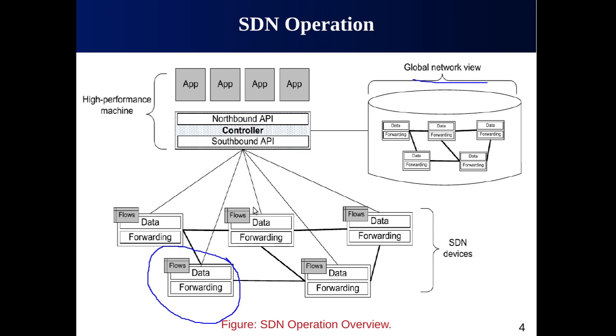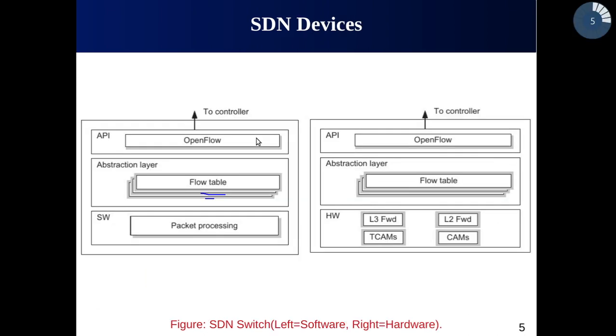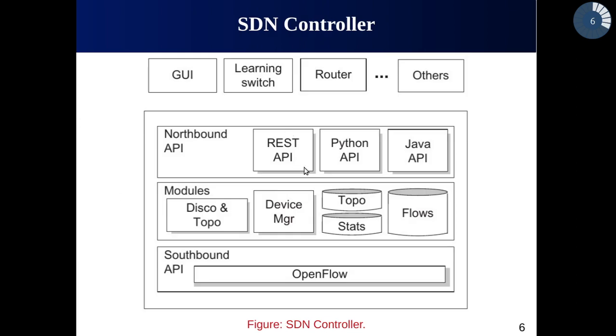Southbound API for communication with the devices, and northbound API for communication with the applications. The controller actually implements policy decisions, and those policy decisions are related to routing, forwarding, redirecting, load balancing, and things like that.